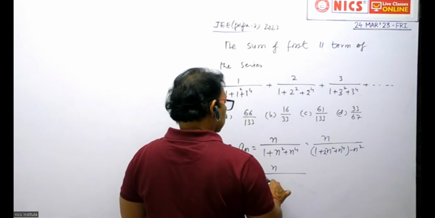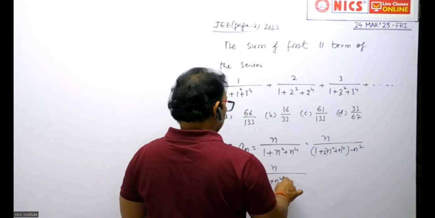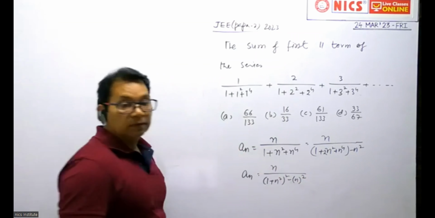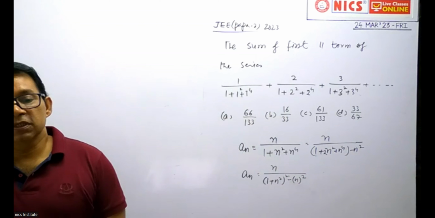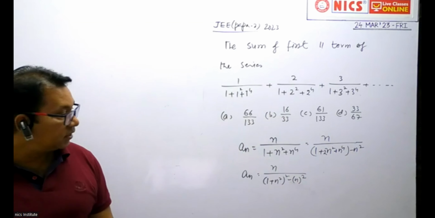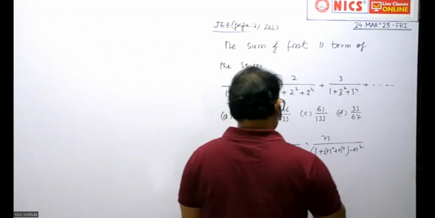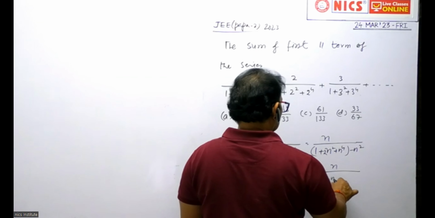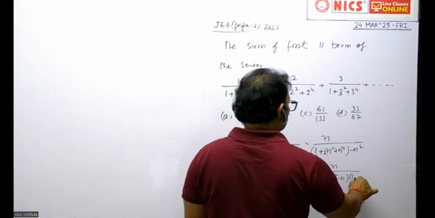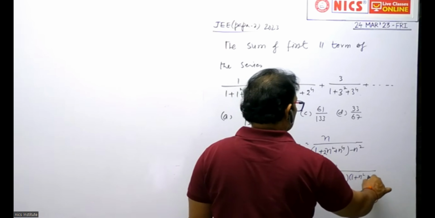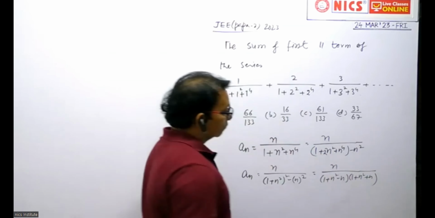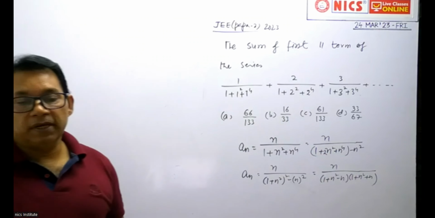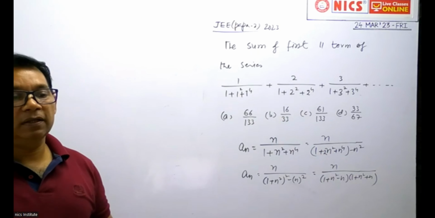So this is 1 plus n square whole square, and this is n square. Now we can use a square minus b square in the denominator.